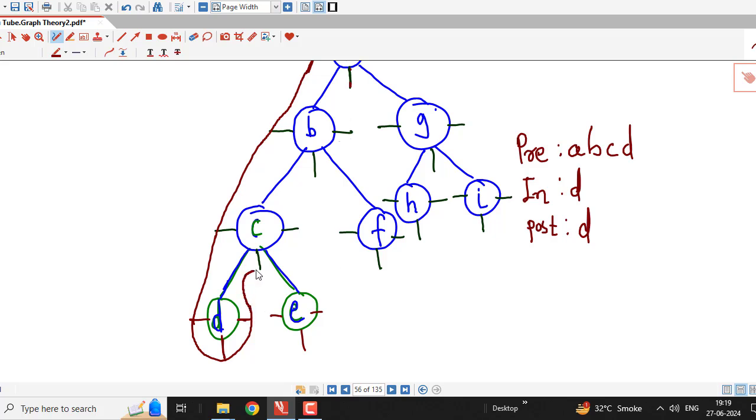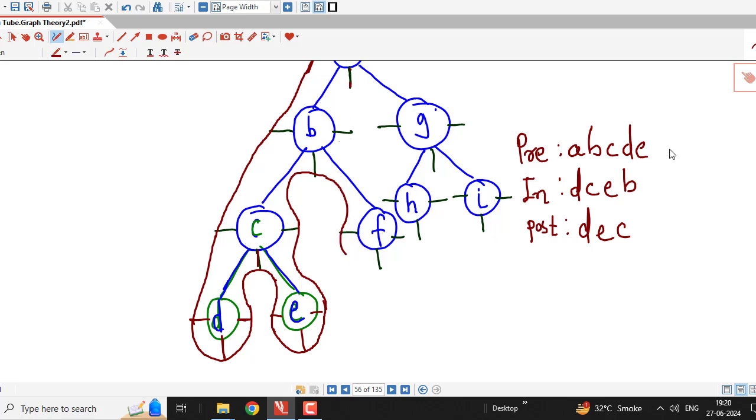Then we go in this direction and touch this line, so C is in order. Then we come here, so E is in pre-order. Then we come here, it is for in order, and E is for post order, and we continue in this way. This is for post order and this is for in order.